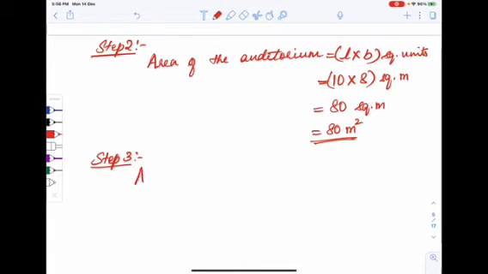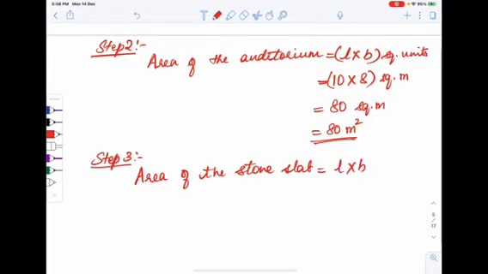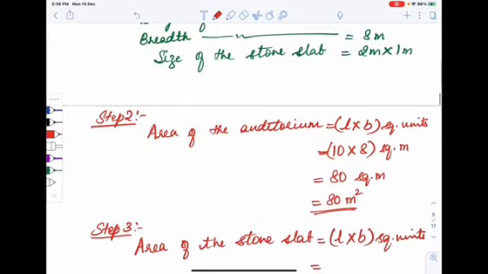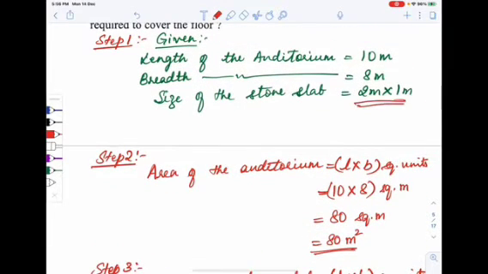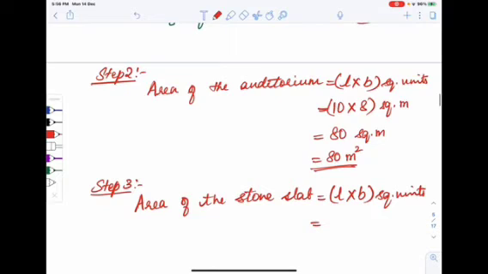Now for area of the stone slab is equal to, again it's the same formula, L into B. Here L is what they have given. So we have been given 2 meters by 1 meter.